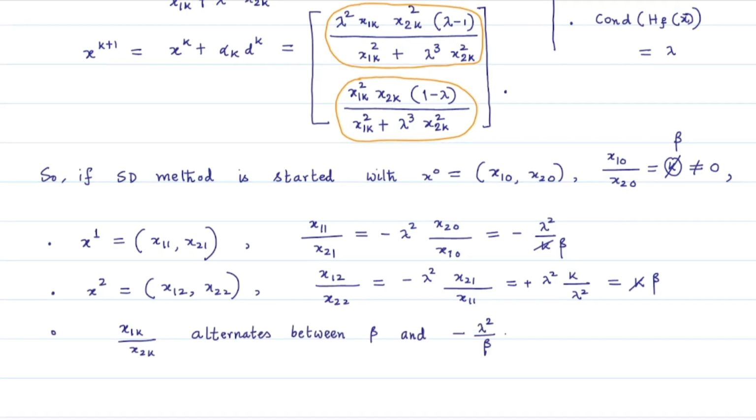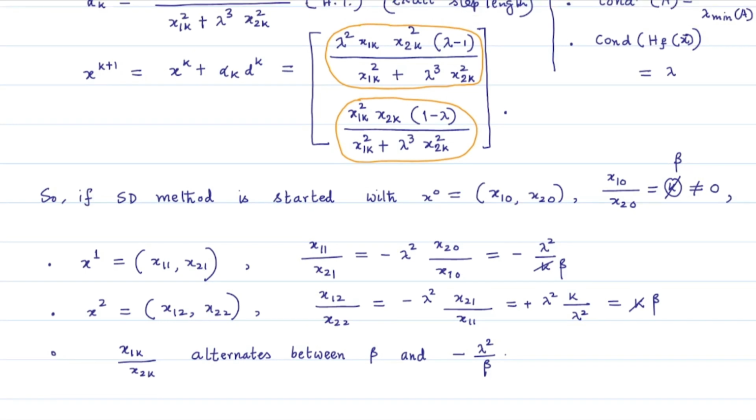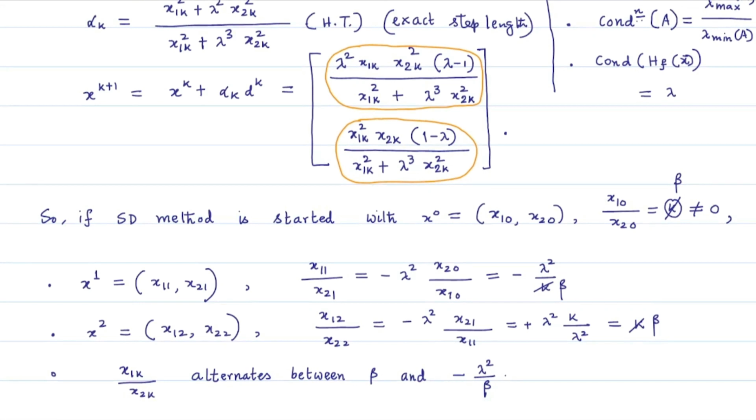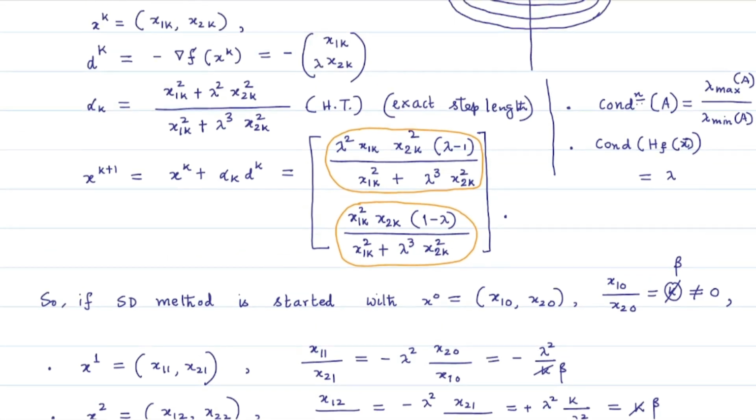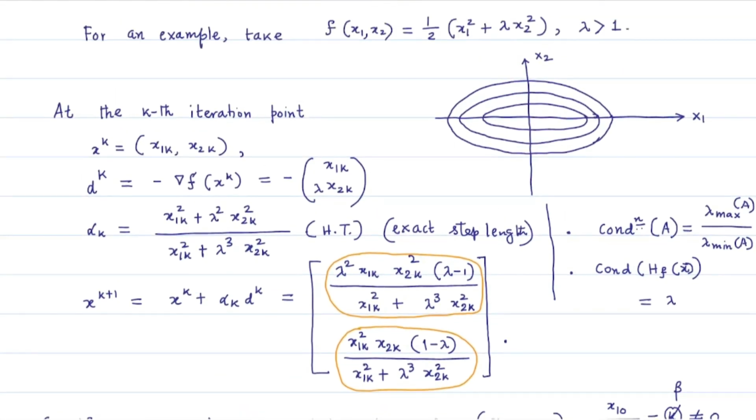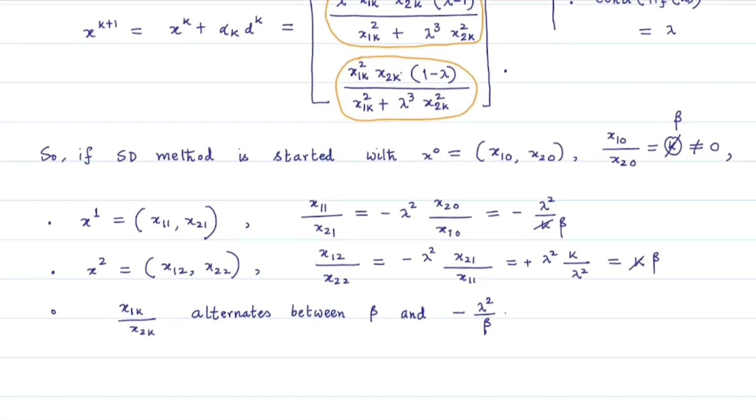And ultimately we can show that the norm of xk plus 1 tends to 0 as k tends to infinity. If we look at the locations of these points xk in this contour, we will find that the points are fluctuating between the lines x1 by x2 is equal to beta and x1 by x2 is equal to minus lambda square by beta.